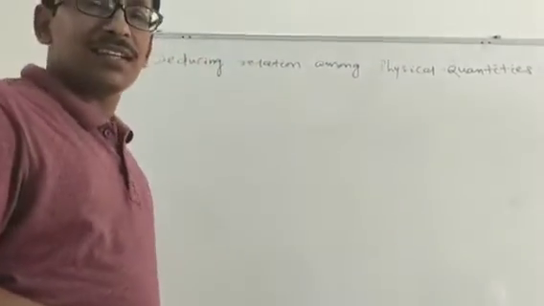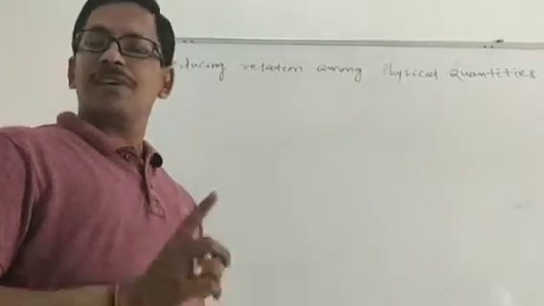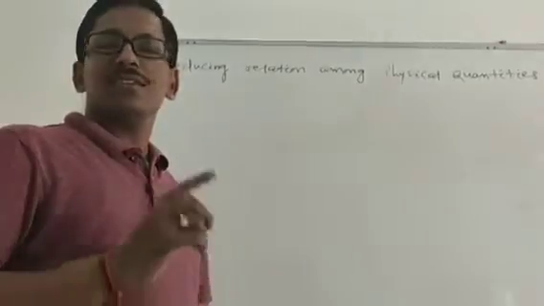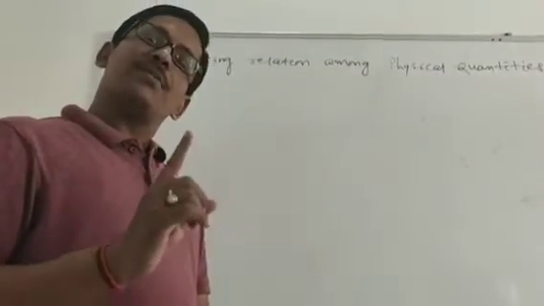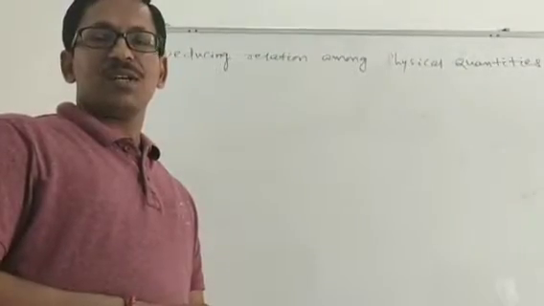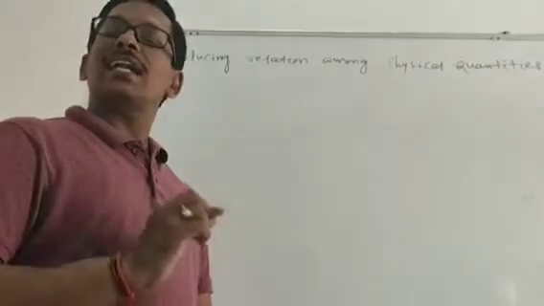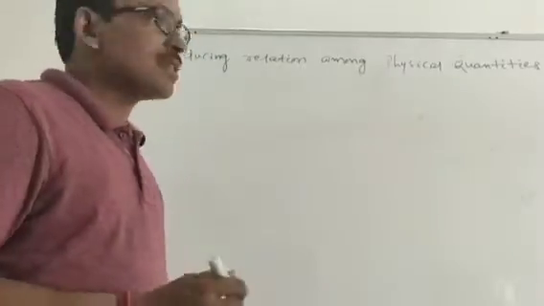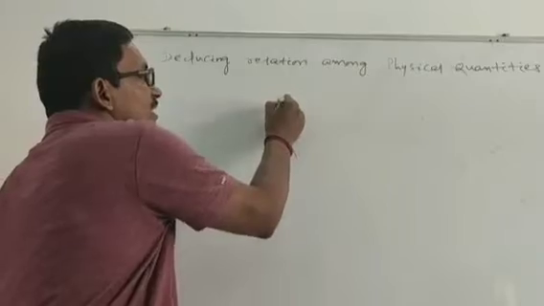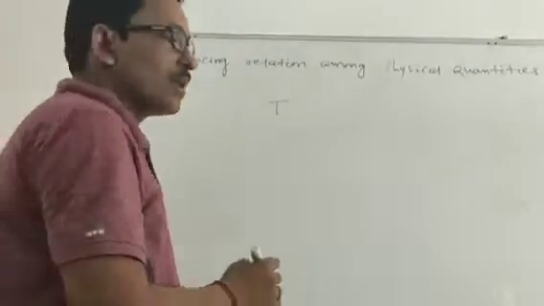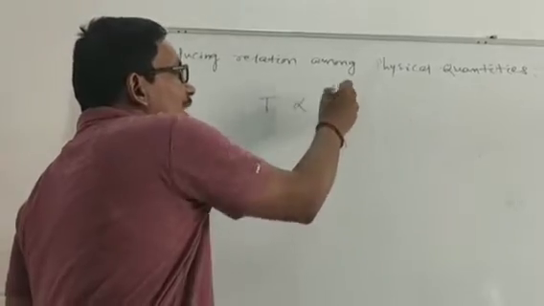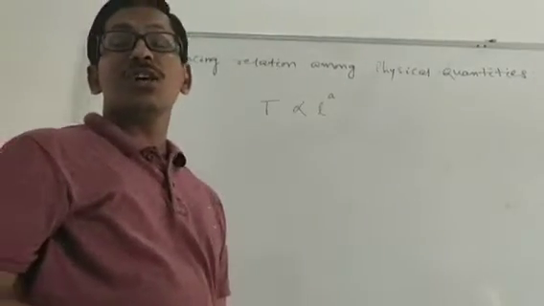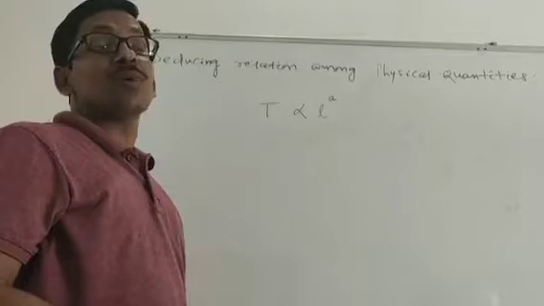Let us solve one example. The time period of a simple pendulum depends upon the effective length of the simple pendulum and acceleration due to gravity. Suppose the time period is represented by the symbol T, and T is proportional to L to the power a, where L is the effective length of the simple pendulum.